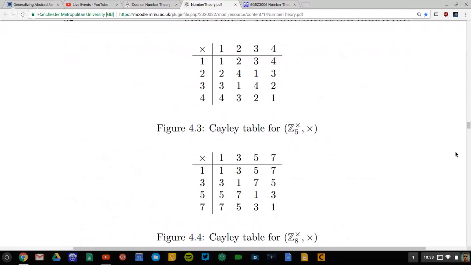Here, 8 is 2 cubed, so it doesn't contain any of the even integers between 0 and 7, but it contains all the odd ones. Okay? Now, these Cayley tables are not so simple as the additive ones. There's no easily said way of saying that one row is just a simple shift of the row above it, I don't think.